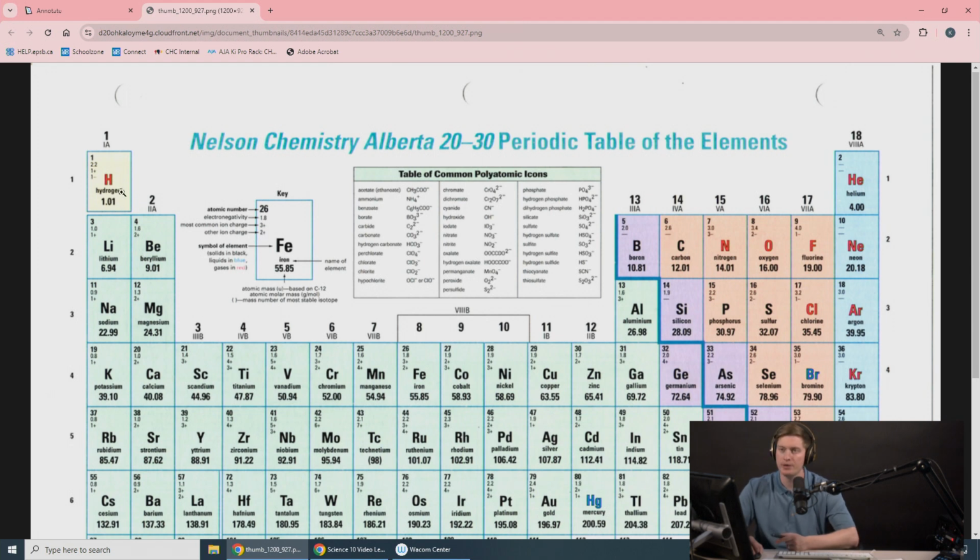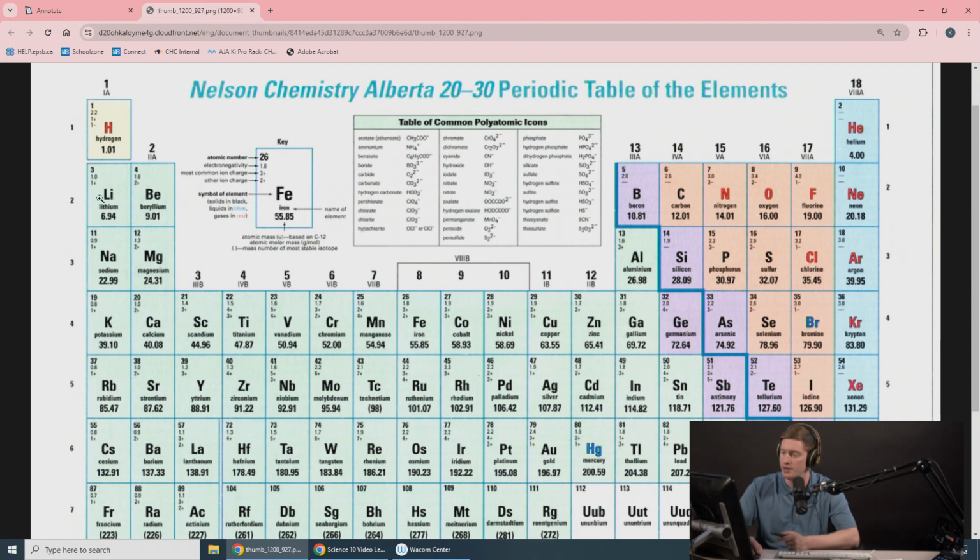One way to remember how many electrons can fit in each level of the Bohr energy level diagrams is asking yourself the question, how many elements exist in that period? Period 1, or energy level 1, has 2 elements, hydrogen and helium. So there's 2 electrons that can fit in that energy level.